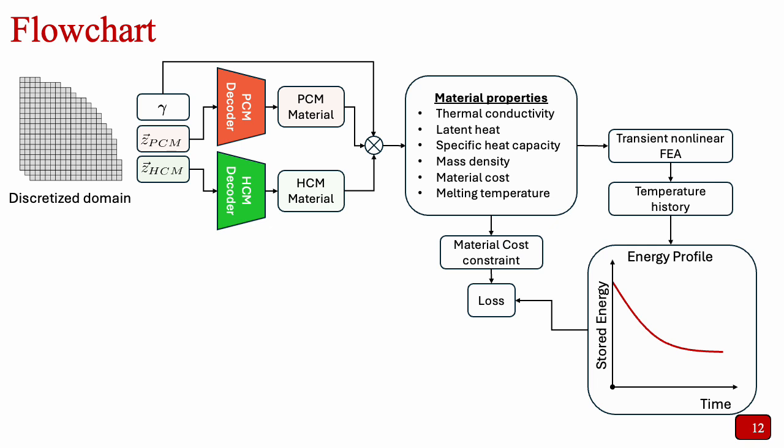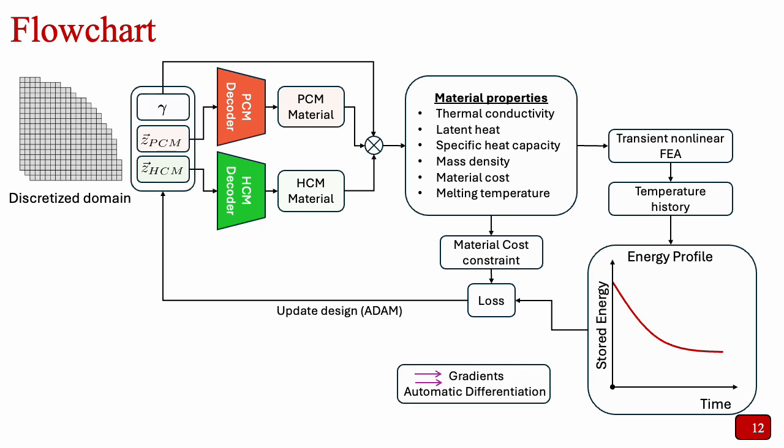From this simulation, we compute a loss function. This objective measures the thermal performance, for example, maximizing the energy discharge subject to a constraint on the total material cost. Crucially, we use automatic differentiation to compute the gradients of this loss with respect to all the design variables: the geometry field and both material latent vectors.